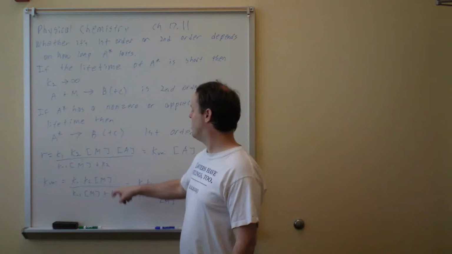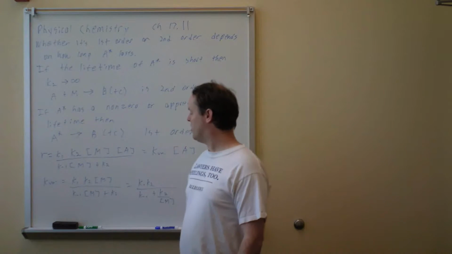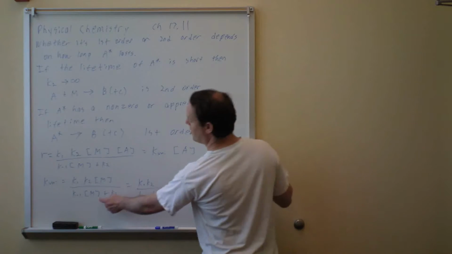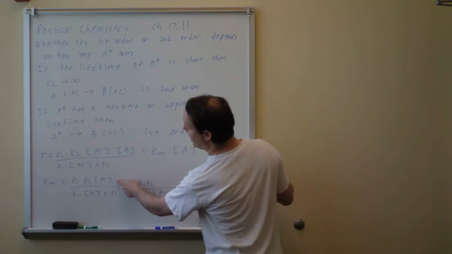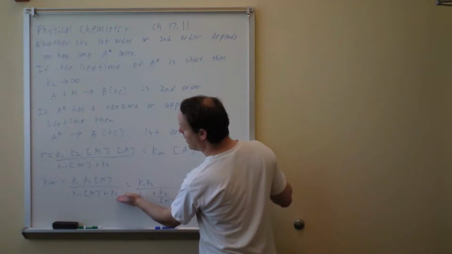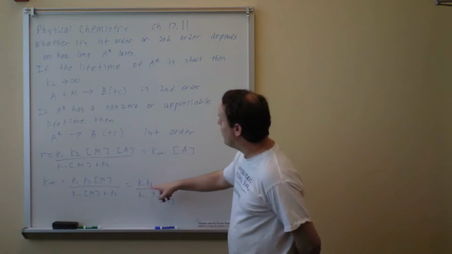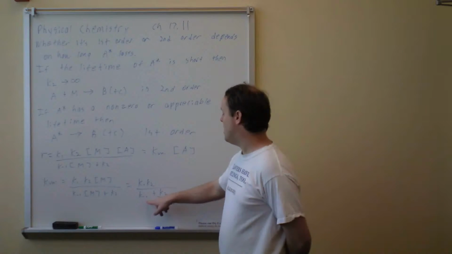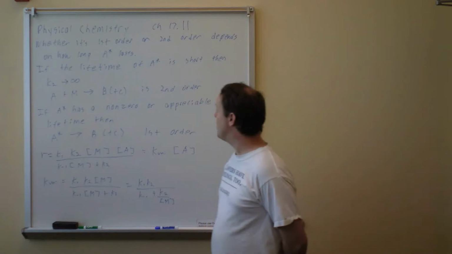That's K1 times K2 times the concentration of M, over K minus 1, the rate constant for the reverse reaction in the first elementary step, times the concentration of M plus K2. Or if we divide by the concentration of M, we get K1 times K2 over K minus 1 plus K2 over the concentration of M. These two are exactly the same, remember.